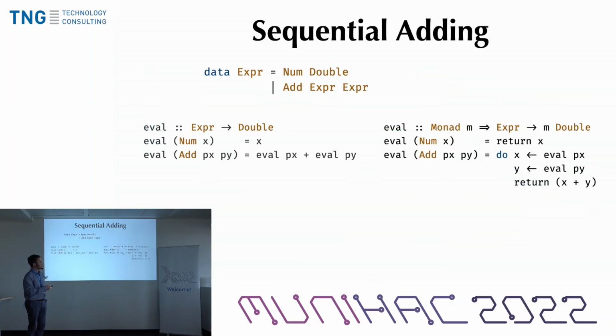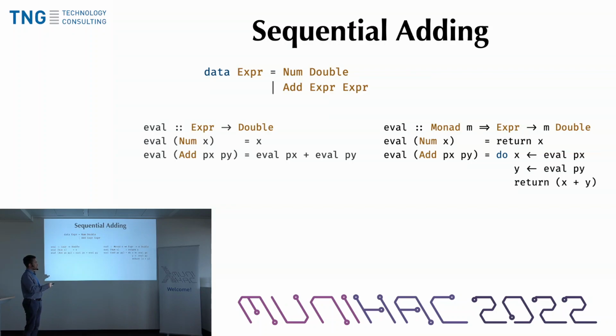And what we can abstract that to is, rather than being specific to the maybe monad, we can say, actually, we want to do some kind of sequential computation that might fail, and that's going to be happening within some context M, which is monadic, which basically says there's a sequence of operations that we need to interpret before we can proceed. And so we need to tell the evaluator, how do we proceed through evaluating addition?